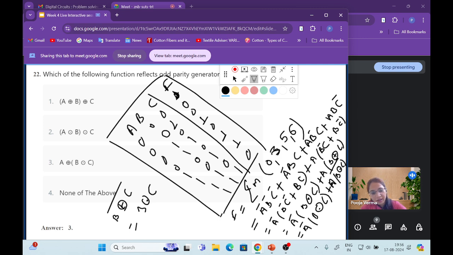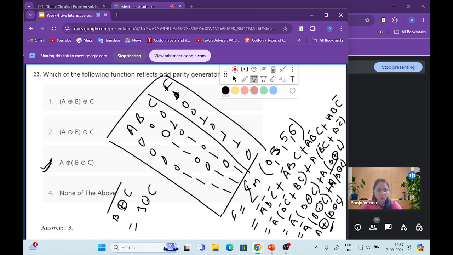So that can be represented by A XOR B XOR C. Have you understood this one? So this is odd parity, and this is the final answer. So let's see, A XOR (B XNOR C). Option 3 is the correct answer.